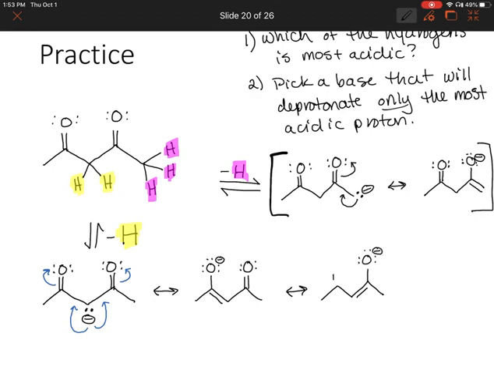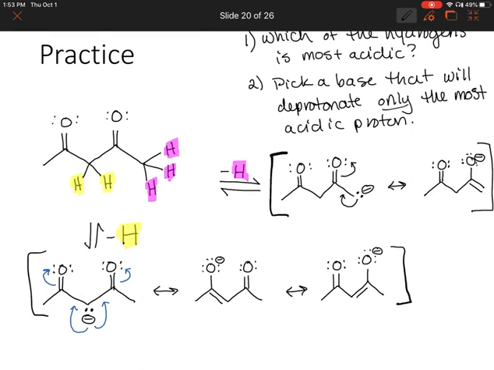These look pretty similar, like mirror images of each other. But remember that these all form a hybrid structure, so the negative charge is shared between the two oxygens and the carbon in the middle. So we do want to show all of these structures. Let's draw brackets around those.